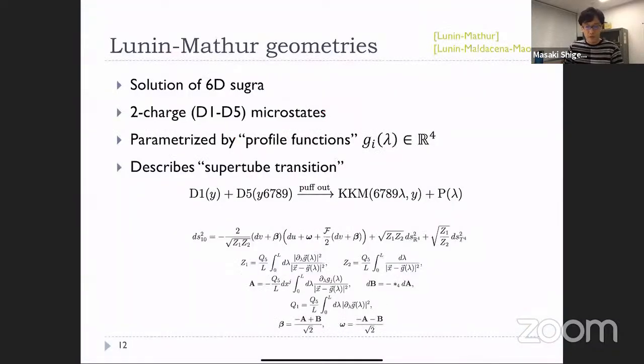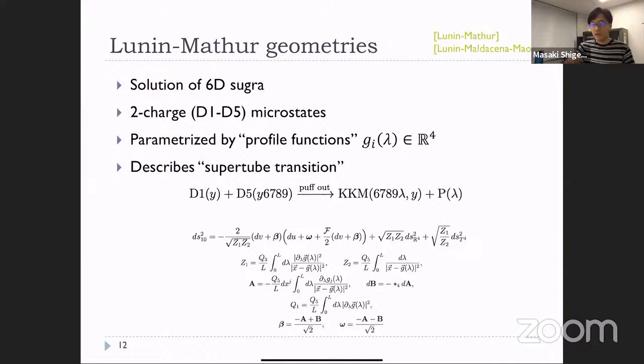Okay, so Lunin-Mathur geometries. So Lunin-Mathur geometries are solutions of 6D supergravity, and this is a two-charge microstates. So they describe all the microstates that you see from the CFT in the bulk. And they are parameterized by so-called profile functions, g_i(lambda). So this is a curve.